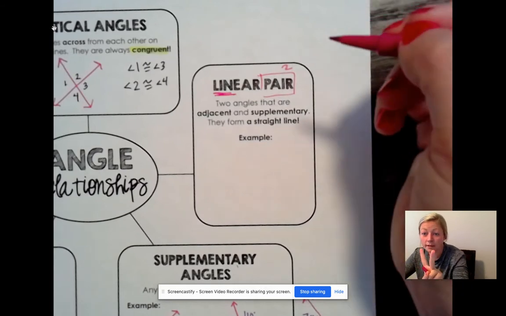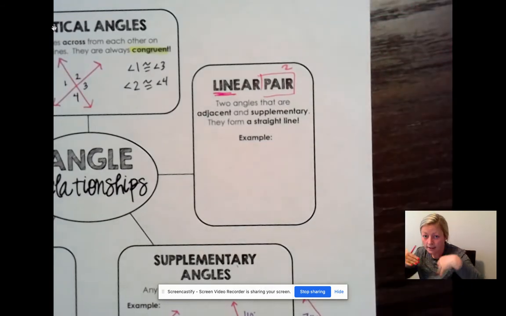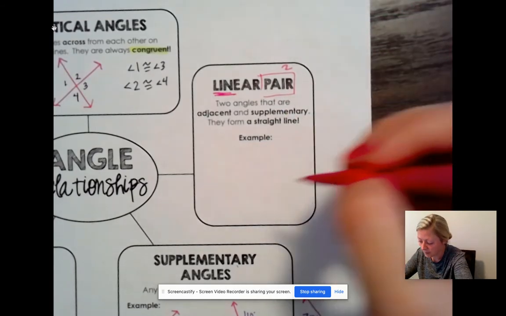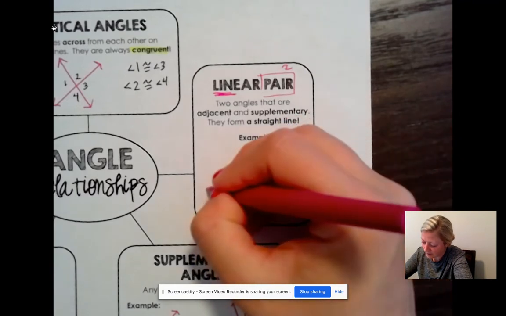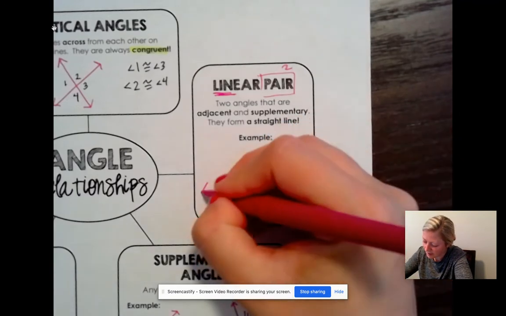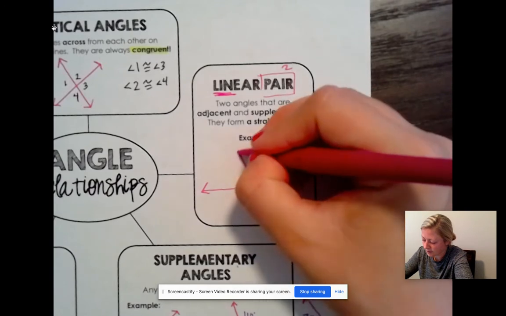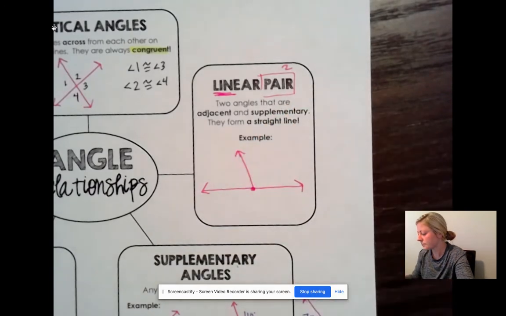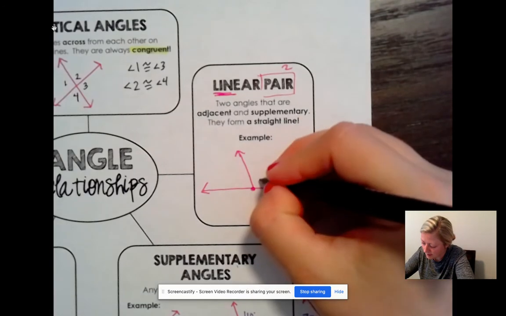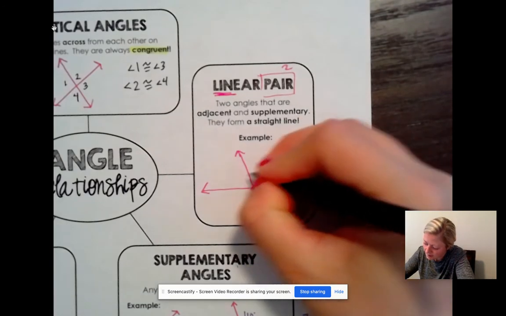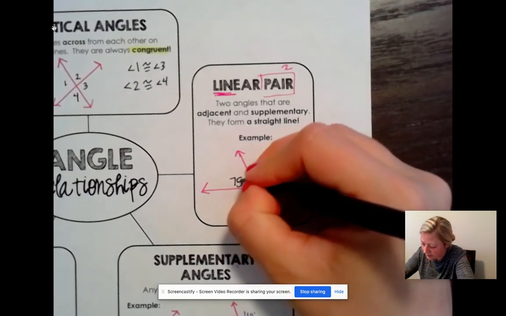So two angles that make a line together is a linear pair. So an example of this, there's my line, and here are my two angles that form it. We can say this is 105 degrees and this is 75 degrees.